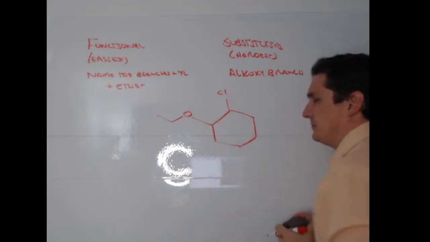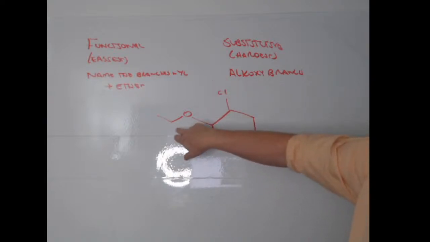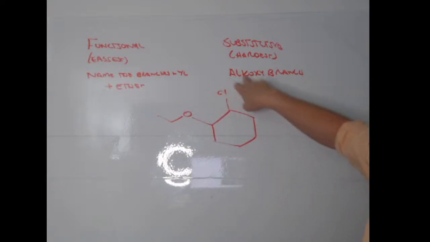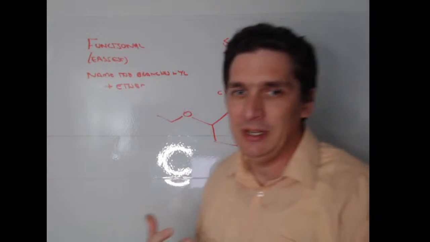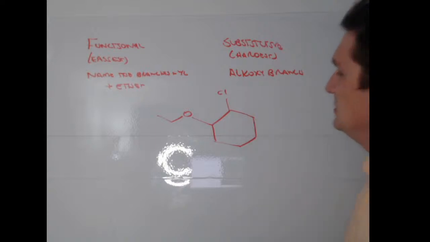Let's kill the stereochemistry. So something like this, there isn't a short name for this branch. Now there's a short name for this ethyl branch, but there's no short name for this ring. Like, we need to define a lot of information. So this is where we would use the substitutive naming.